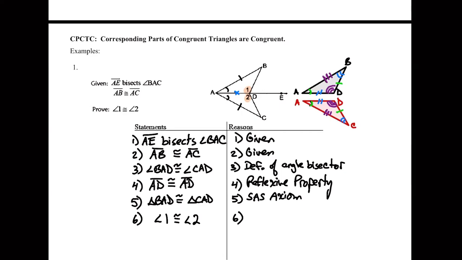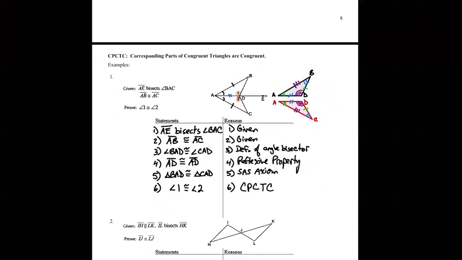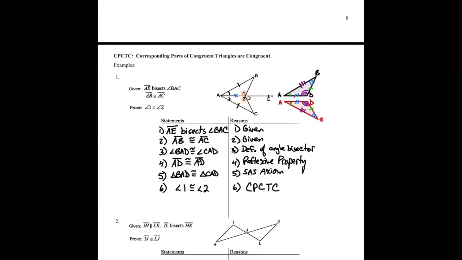We can't just go into a triangle and say, I'm going to call you angle 1 and you angle 2. They did it, so we have license to use it. But we can now say that those two angles are congruent by the CPCTC property, but we just say CPCTC. And that would be our complete proof.